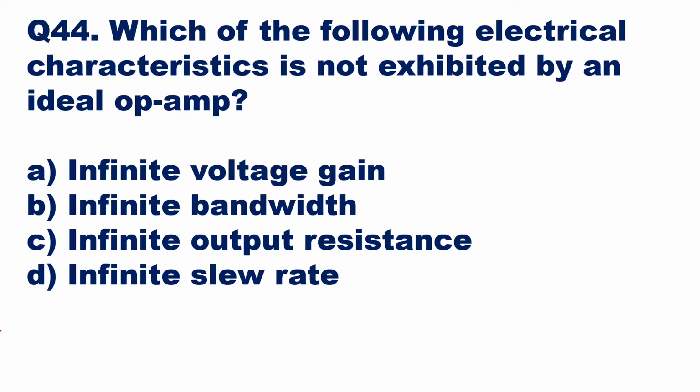So here in these options, we are having infinite voltage gain, which is the correct characteristic. We are having infinite bandwidth, which is the correct characteristic. Option C is infinite output resistance, which is wrong. So option C is not the characteristic of an ideal op-amp, because ideal op-amp has low output resistance or zero output resistance. Okay, so here option C will be the answer.